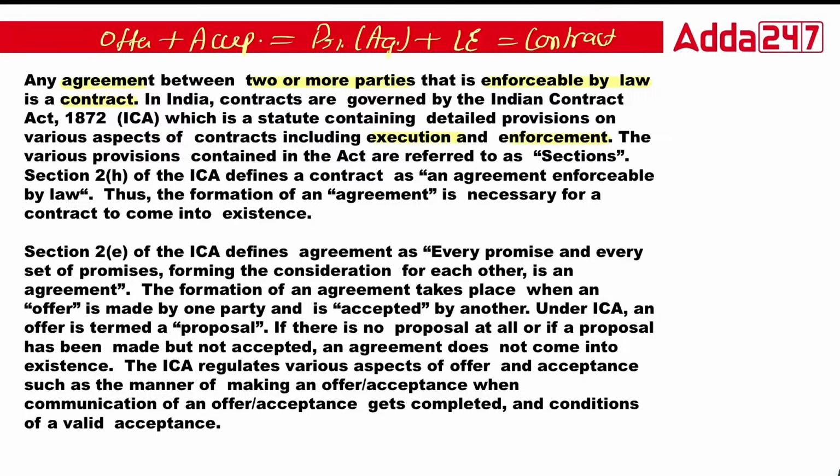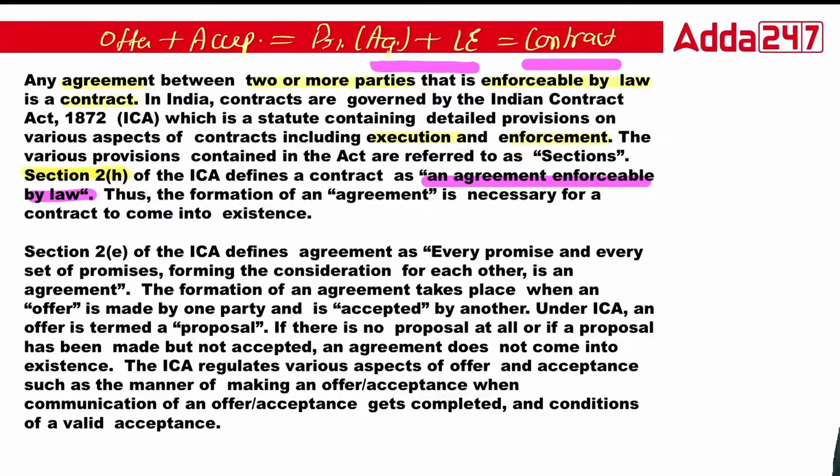The various provisions are contained in section 2H. So class, in section 2H, the definition of contract is given. What is the definition? An agreement enforceable by law is called a contract. So this is the agreement, and it is enforceable by law, that is called contract. The same definition is written here.